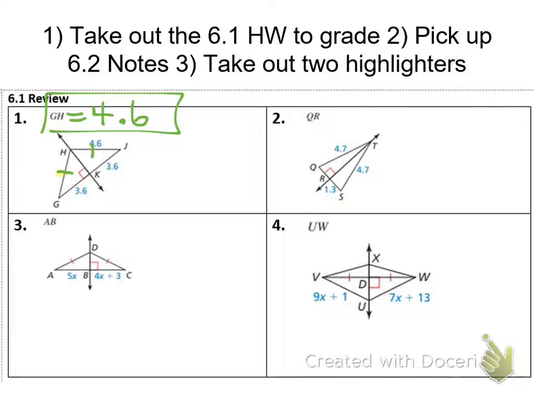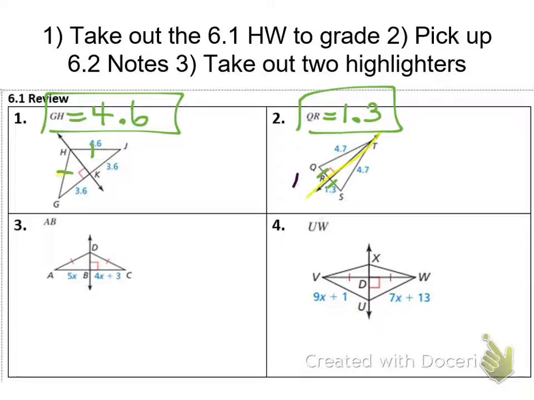Number 2, it asks me for QR. Again, what do I know about the length of QR? Cooper: It's equal to the length of RS. Yep. So why do I know that? The line in the middle is a perpendicular bisector. Okay, so the length of QR is 1.3.